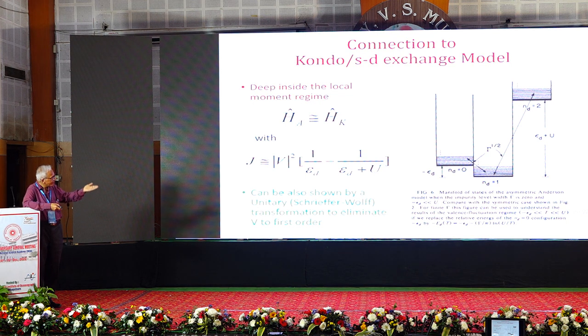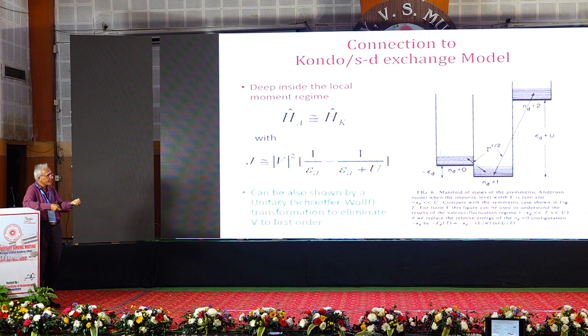But nevertheless, if epsilon d and epsilon d plus U are very large compared to that hopping amplitude, you can do second order perturbation theory and treat it as a small perturbation. There's a virtual transition, the electron makes to these excited levels and comes back, and you can ask what is the effect of that.